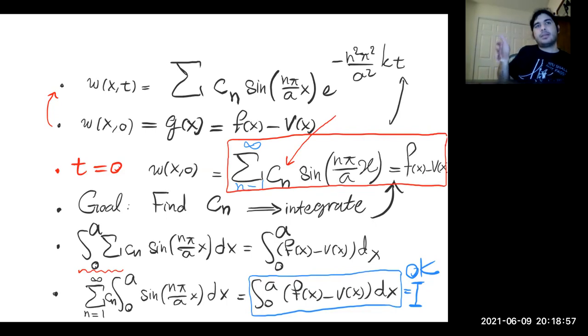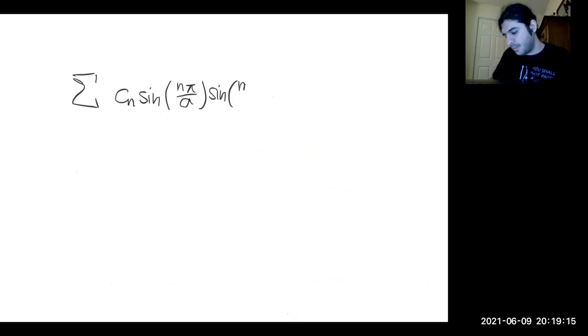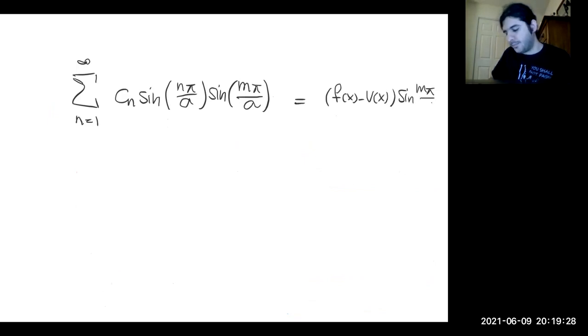Multiply everything by sine of m pi x over a. In that case, we would get the sum of Cn sine of n pi x over a times sine of m pi x over a, n goes from 1 to infinity, equals f(x) minus v(x) times sine of m pi x over a.